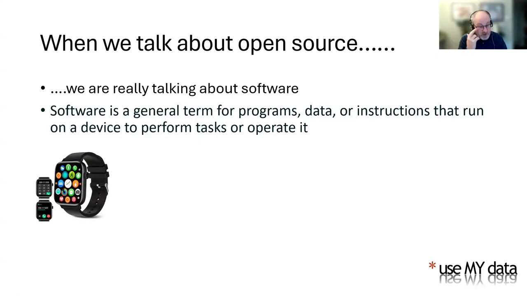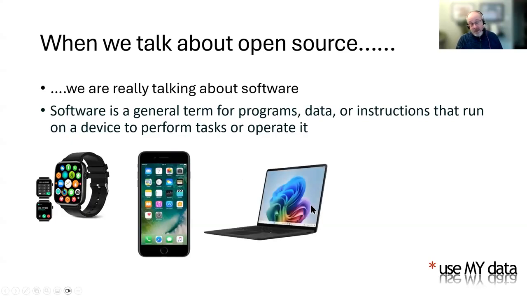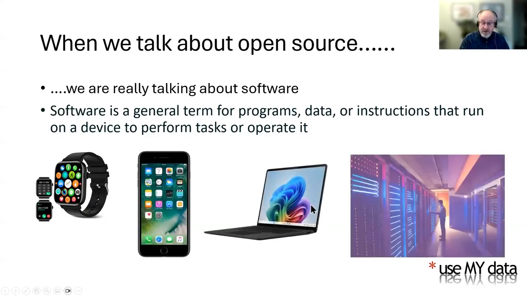If you look at software generally, you'll see software on everything that you've got. You may be wearing a watch now. Your watch runs on software. It's a program to instruct the watch to do something when you press a button. It's exactly the same with your phones. Modern day phones rely on very, very complex software to make them run, as do laptops, as you'll have seen.